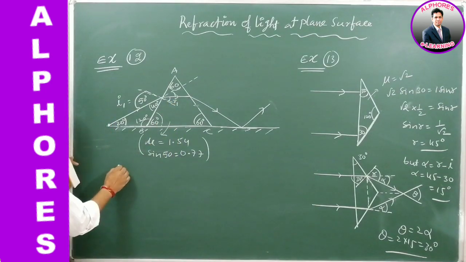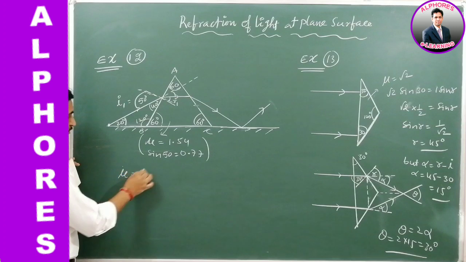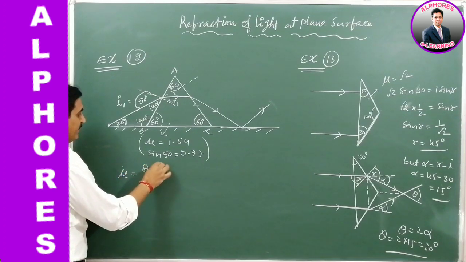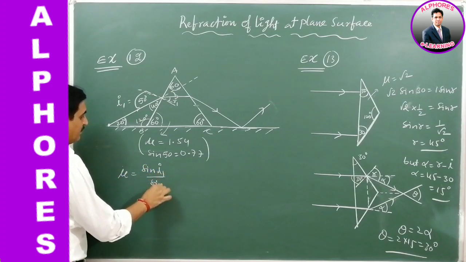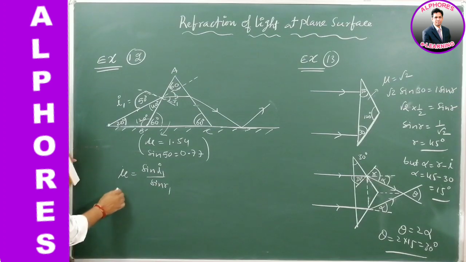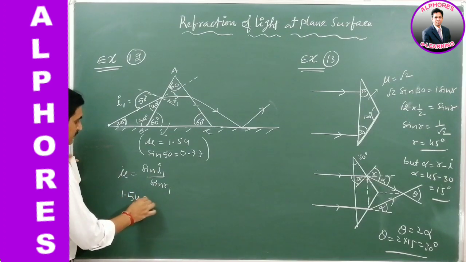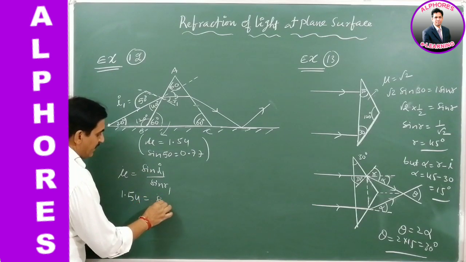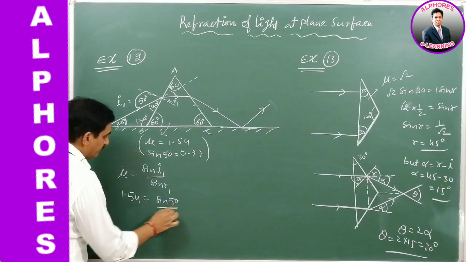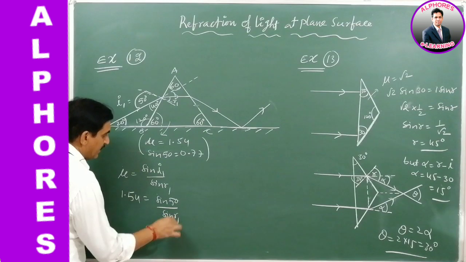So using Snell's law, mu is equal to sine I1 by sine R1. Mu is given: 1.54 is equal to sine I1, which is 50 degree, by sine R1.